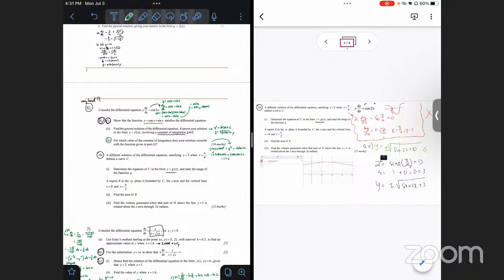Yep. Okay, so then you just put in stuff. Can you find the D? And then I go ahead and plot the graph so that I can see what's going on. There's my x equals 0, and that's my x equals pi over 2. At this point, this is just the volume of revolution. Do you know how to do the volume of revolution?